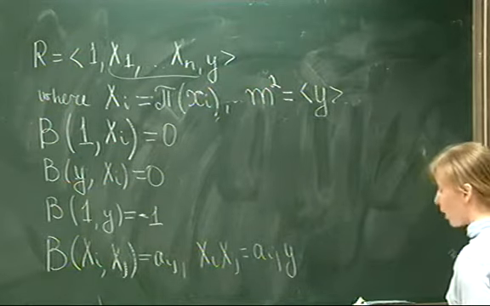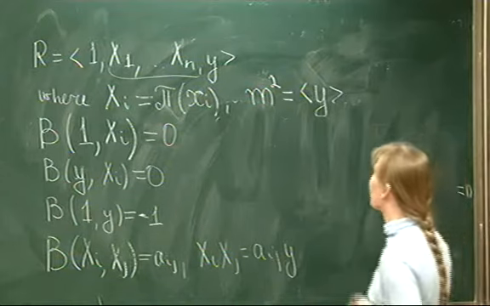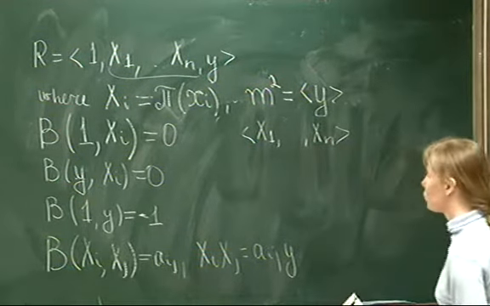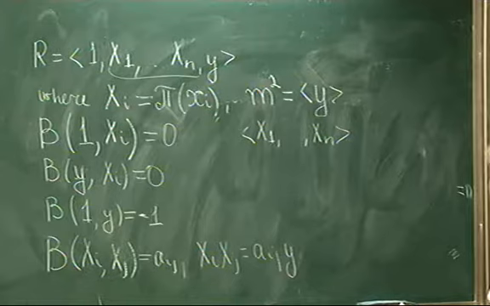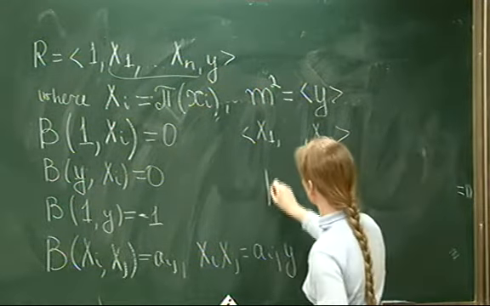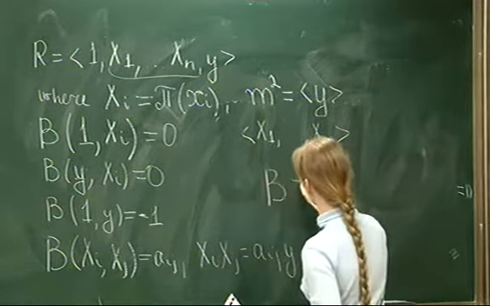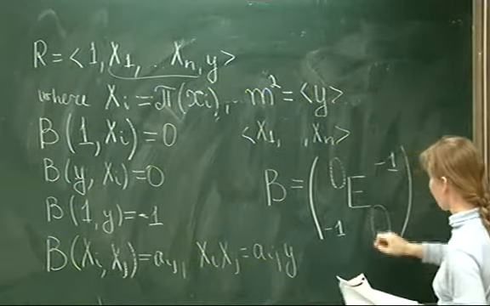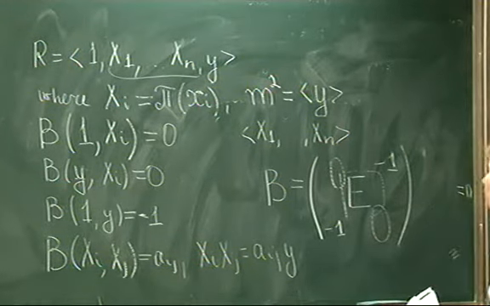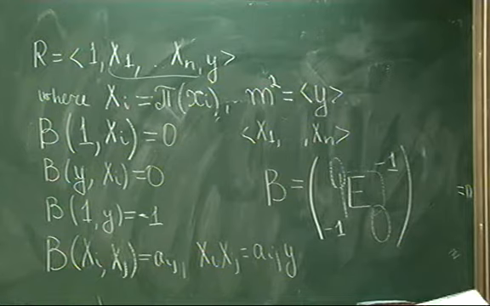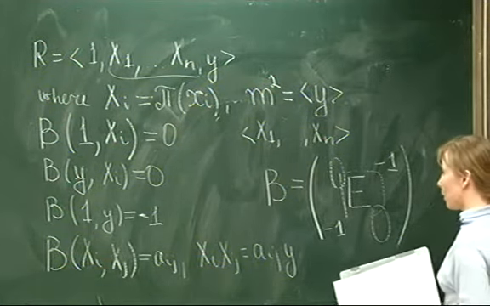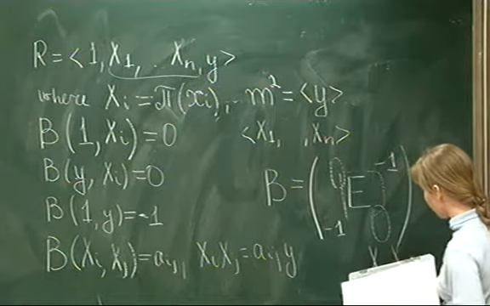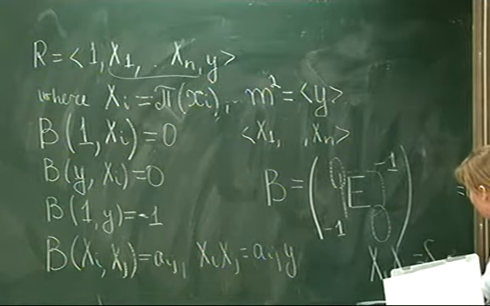But then we can change the basis in the subspace x1, ..., xn, and we will obtain the form where E is an identity matrix, which means that xi xj equals delta ij y.